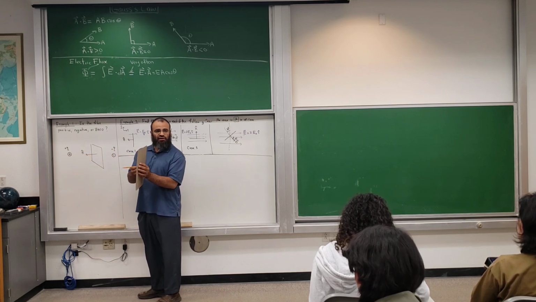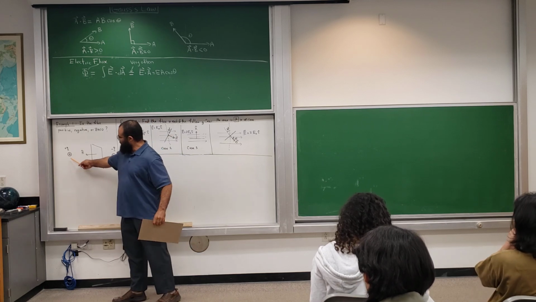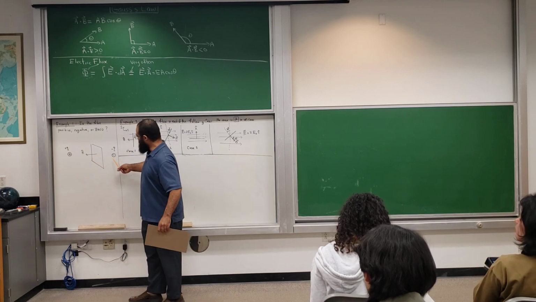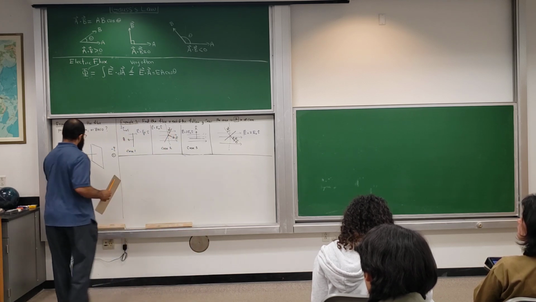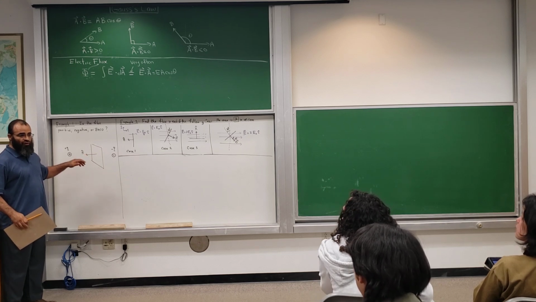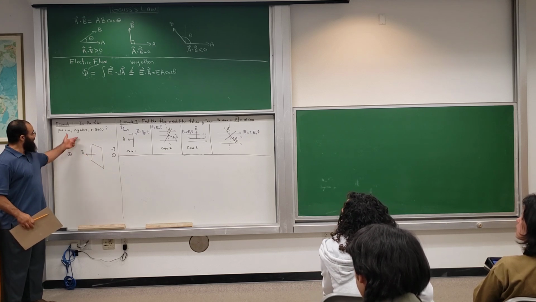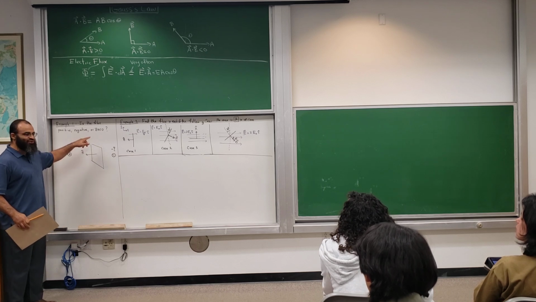We have a positive charge here, and we have a negative charge here. And the question is, the flux through this surface, is it going to be overall positive, overall 0, overall negative, or maybe we can't even tell. I give you 3 options, so we should be able to tell.